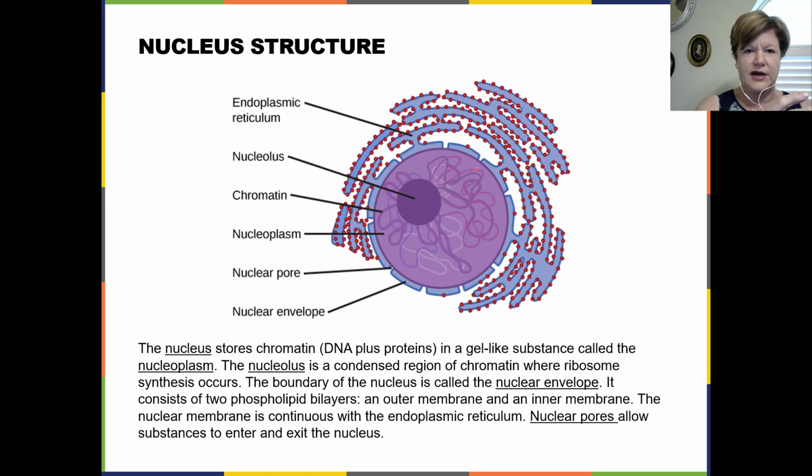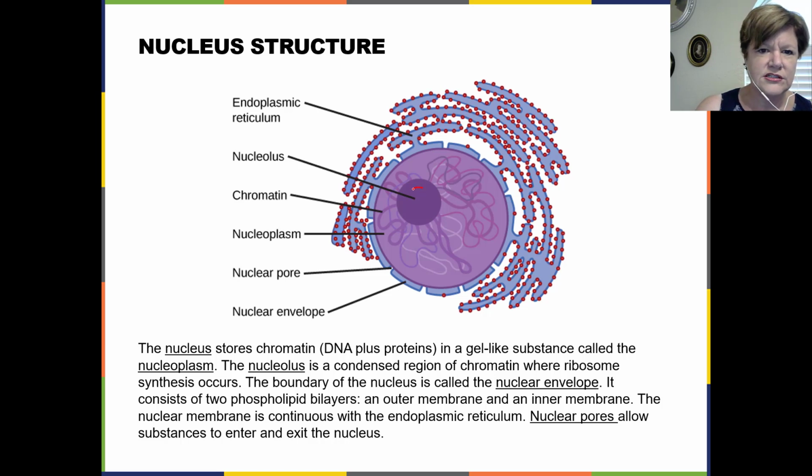It's a phospholipid bilayer. It has pore proteins in it. And those pore proteins, those channel proteins, are very restrictive in what they let into the nucleus. So transport into and out of the nucleus is heavily guarded, but it's possible. So in this image, you see the nucleus is shown, I guess, in purple.